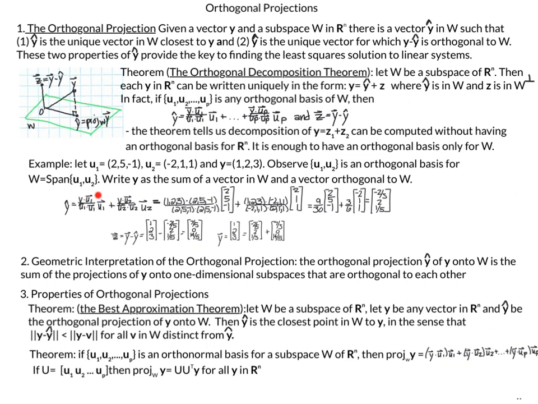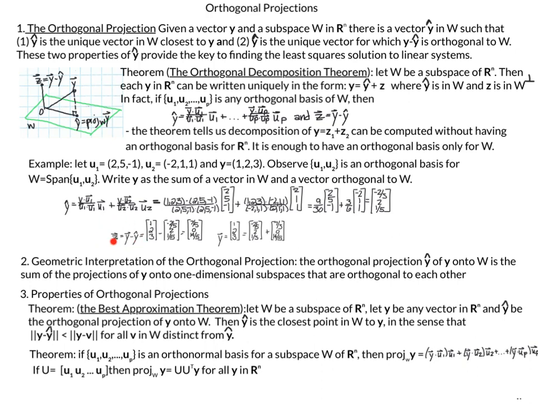So starting with the first coefficient of u1, I have y dot u1, so (1, 2, 3) dot (2, 5, -1), over u1 dot u1, times my vector u1, (2, 5, -1), plus y dot u2, so (1, 2, 3) dot (-2, 1, 1), over u2 dot u2, (-2, 1, 1) dot (-2, 1, 1), times my vector u2, (-2, 1, 1). And we see that vector is equal to (-2/5, 2, 1/5).